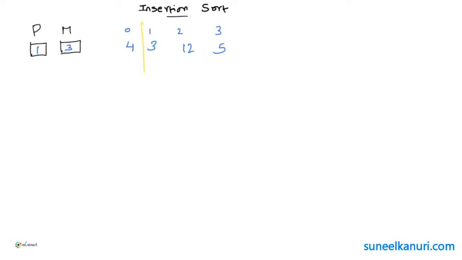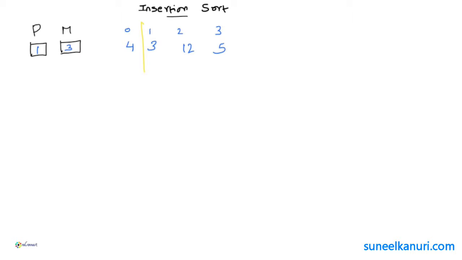We'll start with the first unsorted element, which is at position 1, which is 3. We're going to set our M as 3, and our P is 1 because that is where our unsorted element is.